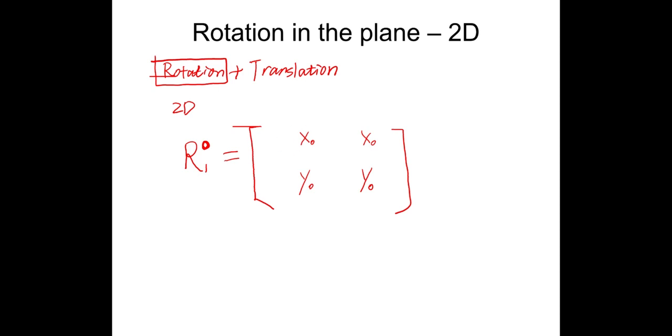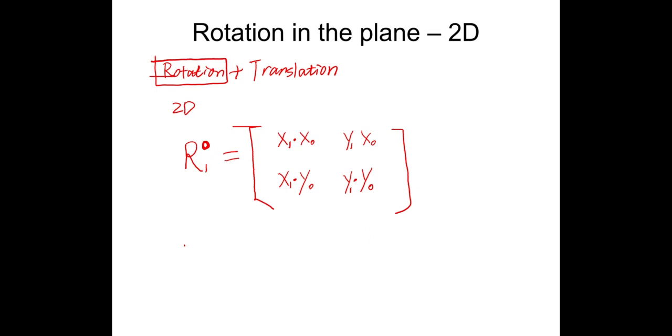The first term, because this is 1 projected to 0, is x1 dot product x0. And here we write x1 dot product y0. We write the base and we write the base. Here is x1 and here is y1, so y1 projected to x0 and y1 projected to y0. That is the 2D rotation matrix of R10.